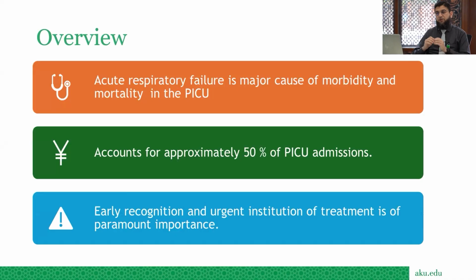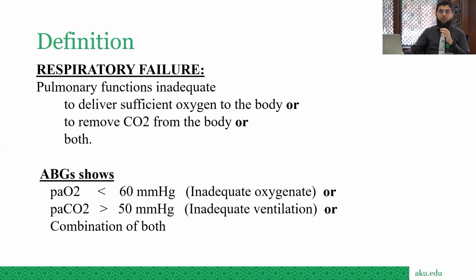So acute respiratory failure is a major cause of morbidity and mortality in the PICU. It accounts for 50% of PICU admissions, and therefore early recognition and urgent institution of treatment is of paramount importance. Respiratory failure has been defined as being unable to deliver an adequate oxygen supply to the body, or inadequate removal of carbon dioxide from the body, or a combination of both.